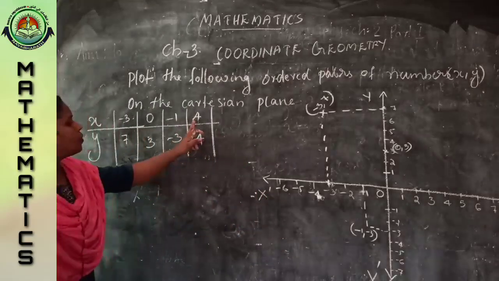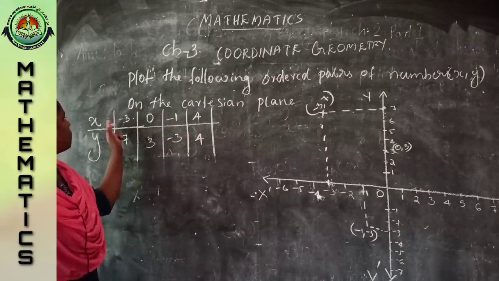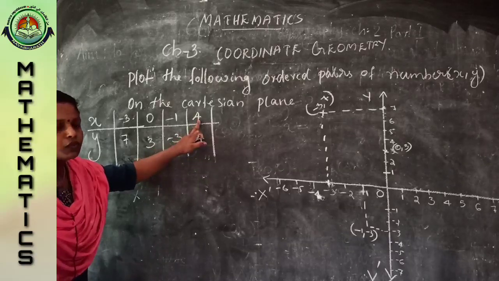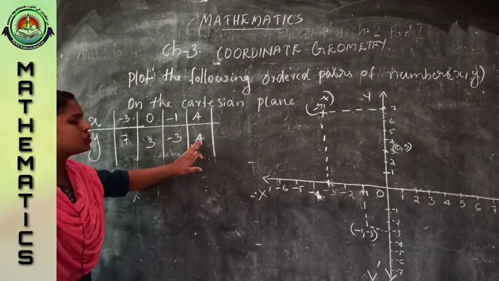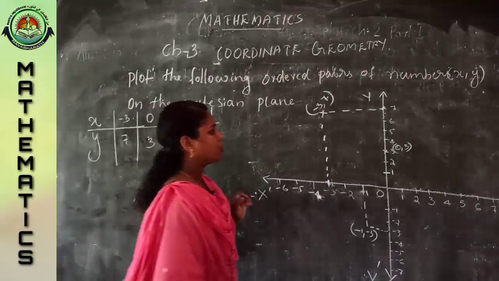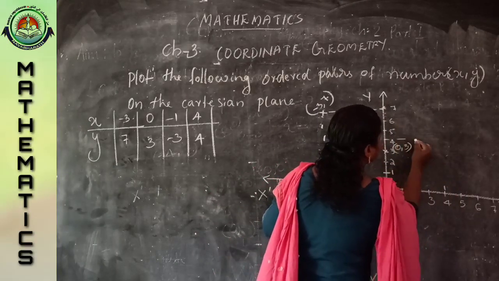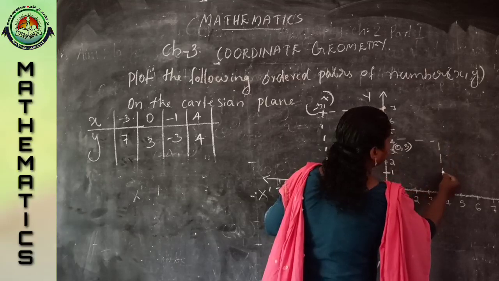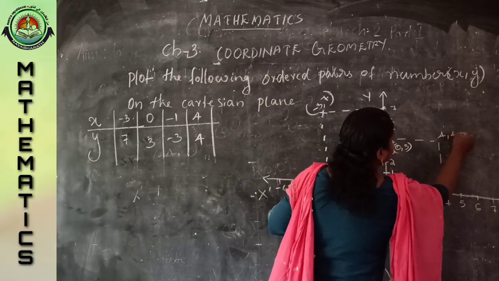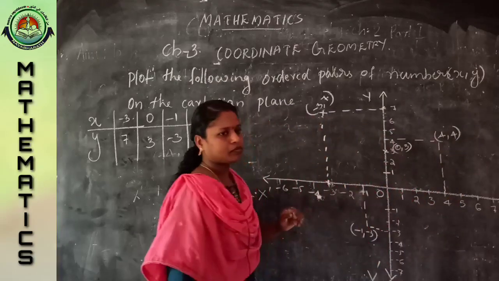Next, 4, 4: the x coordinate is 4 and the y coordinate is also 4. It is the point 4, 4.